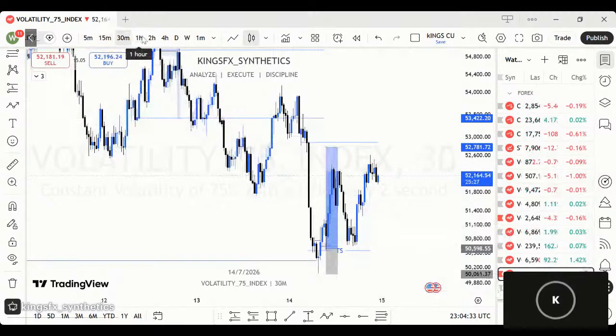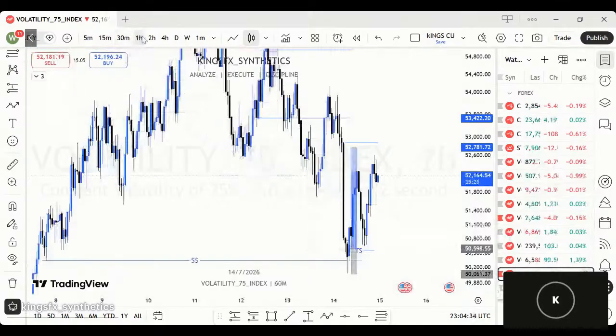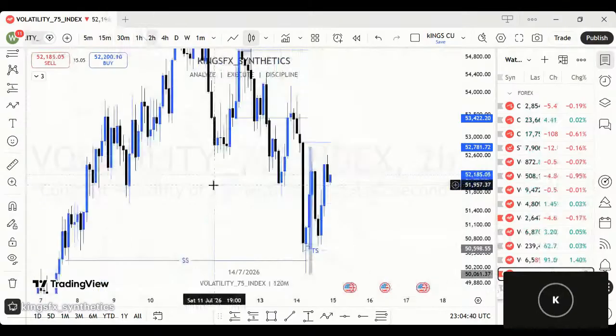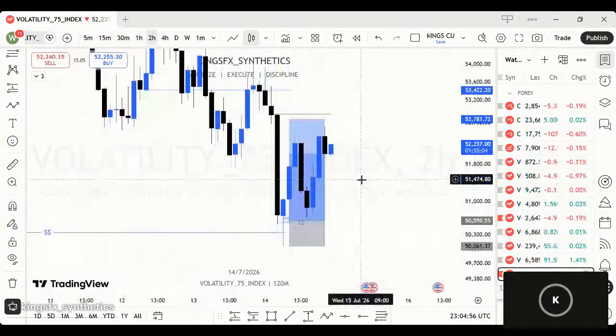Now you will understand the essence of candle range theory. I spoke to you guys about CRT before now. As you can see, the market is still open.